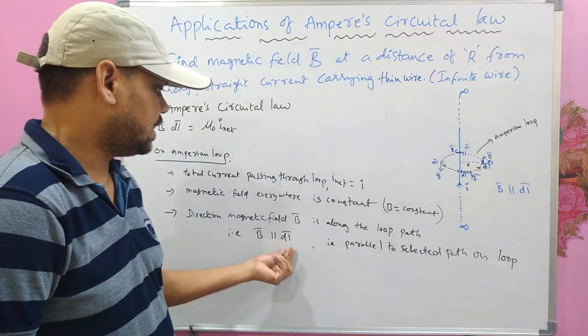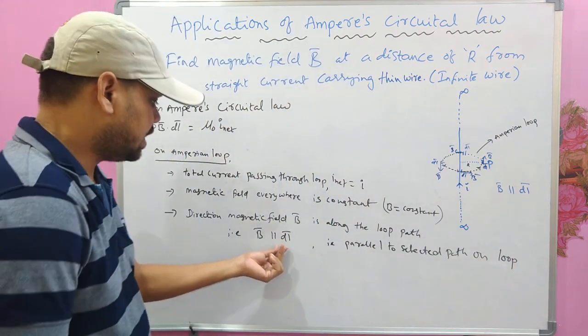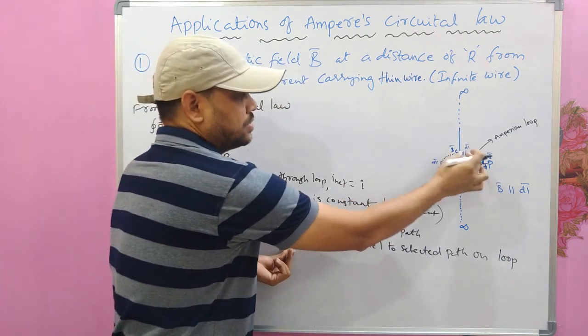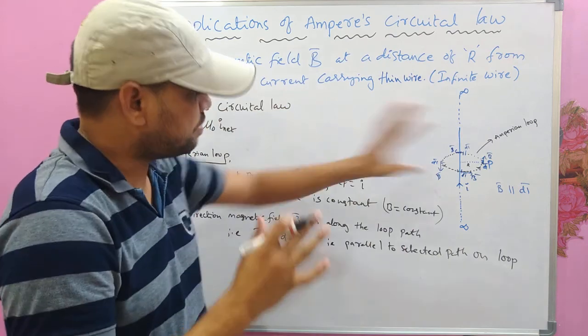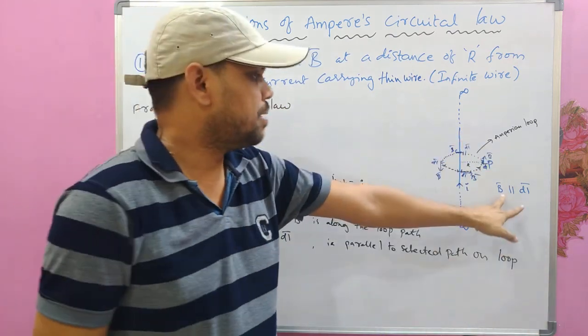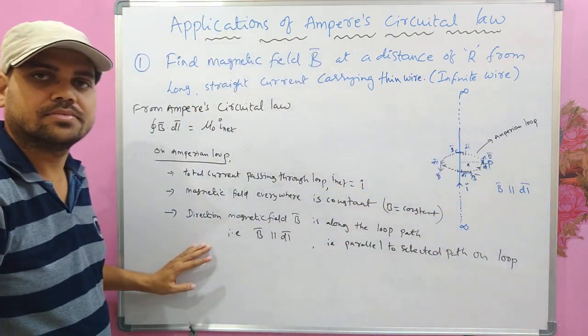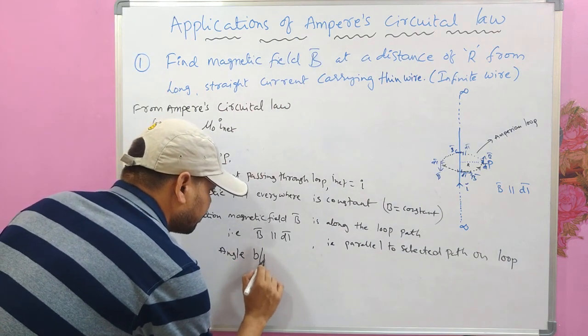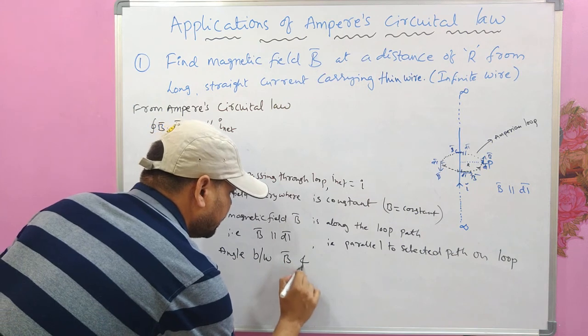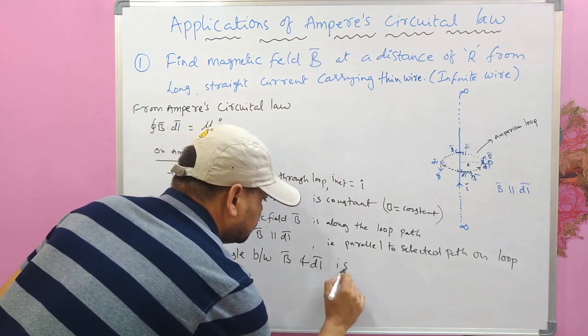That is what is the selected path? That is dl. I have selected one small path. If you select this path everywhere on the loop, you will see B parallel to dl, which means the angle between B and dl is 0.